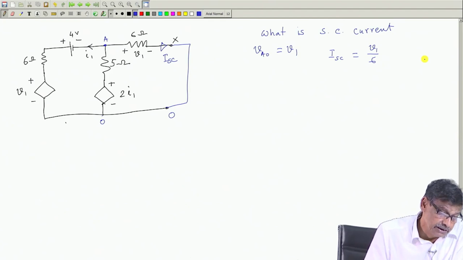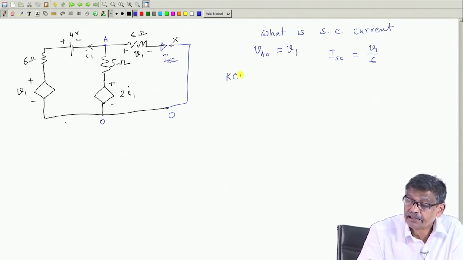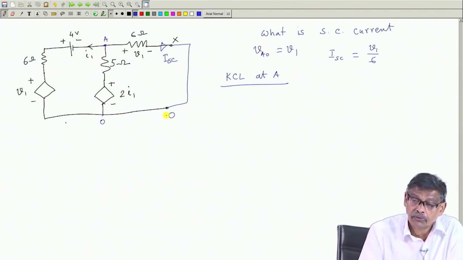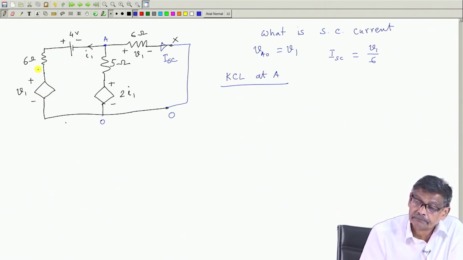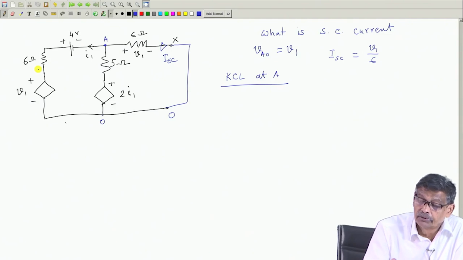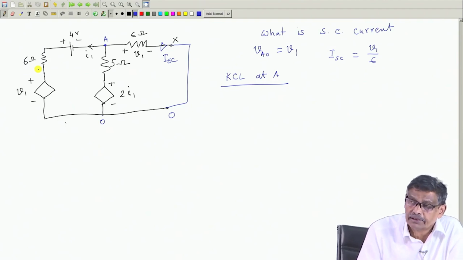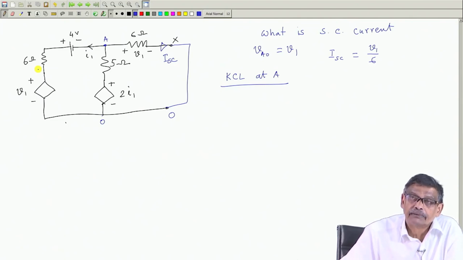What you do is write down KCL at node A. What will it be? This is V1. So, V1 plus 4 minus V1 by 6. While finding out the short circuit current, do not keep all these sources present, because I am not going to find out R Thevenin's. I will find out R Thevenin's in a different way, that is what I am showing.